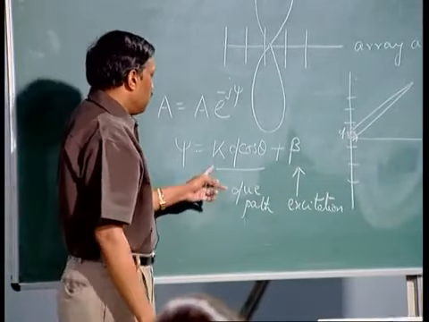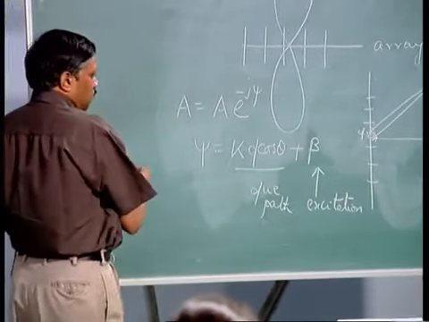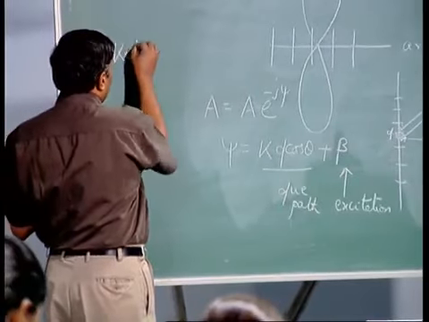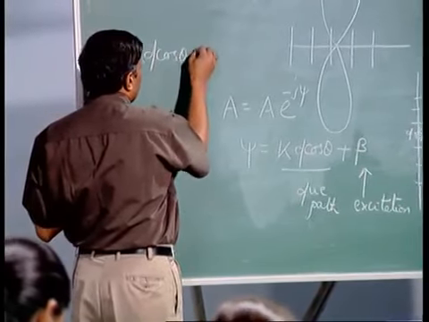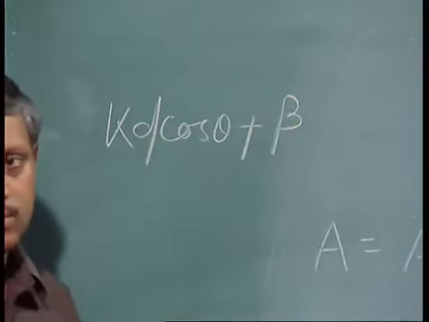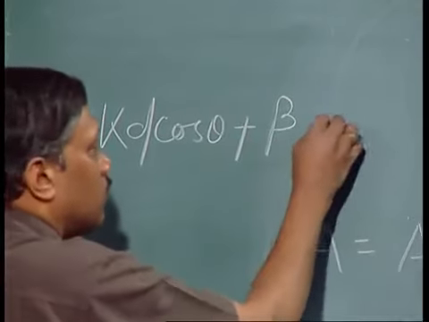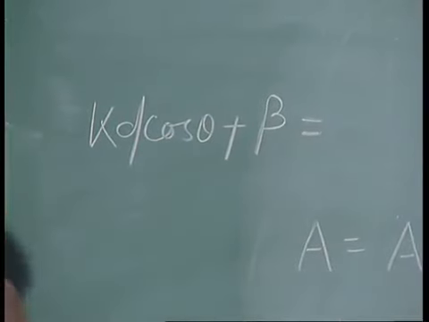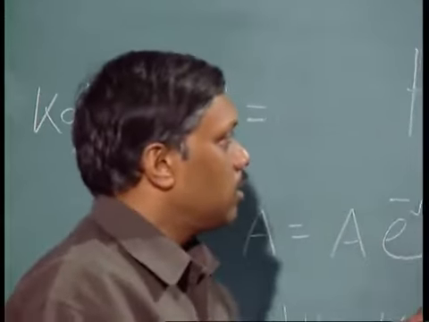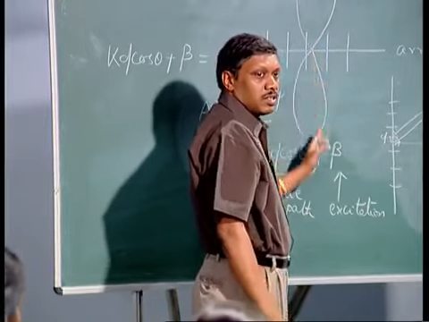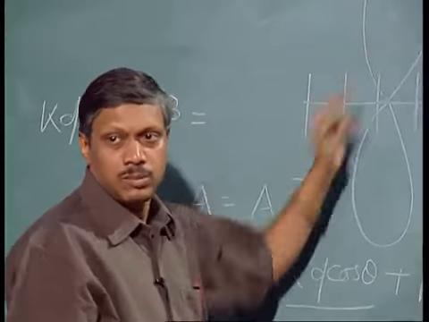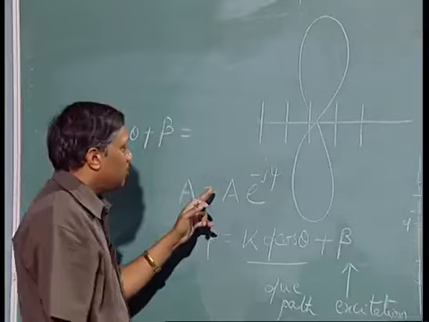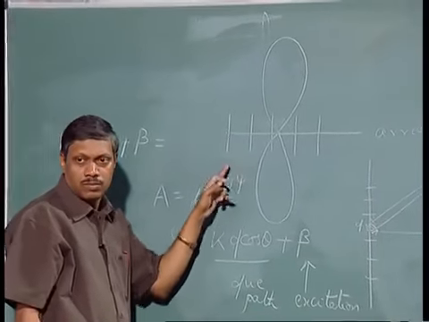So, now this is kd cos theta plus beta. If we are going for the direction where this is maximum, then to get the amplitude maximum this should be 0.